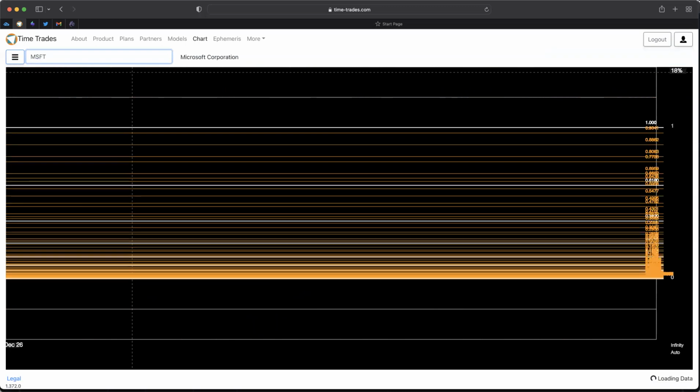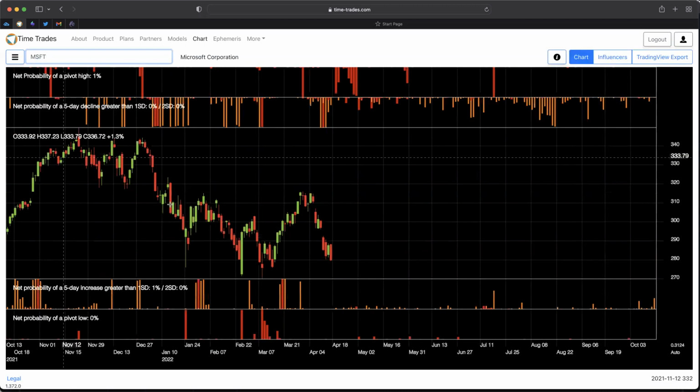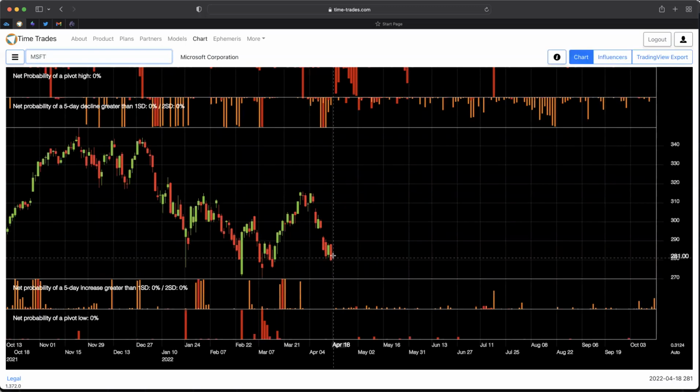Let's take a look at Microsoft. Okay, Microsoft. Now the dominant feature here seems to be this huge pivot high late April, early May. So we're looking at April 28th, 29th. But there are still some 2 standard deviation down days there. April 25th, we need to be careful of, and also April 19th.